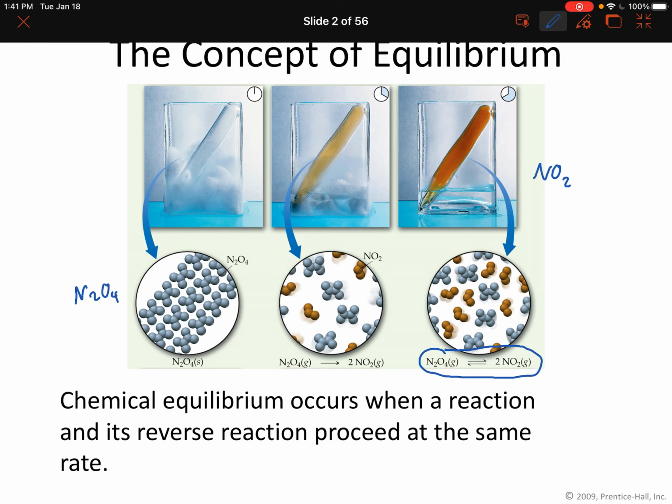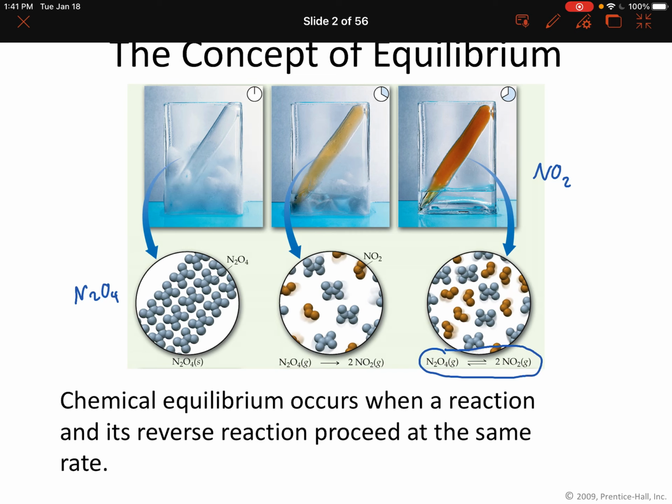NO2 is one of the pollutants that is put in the air by, among other things, pollution from cars. That orange color will sometimes contribute to some of the really pretty sunsets, but it's actually caused by pollutants like NO2.